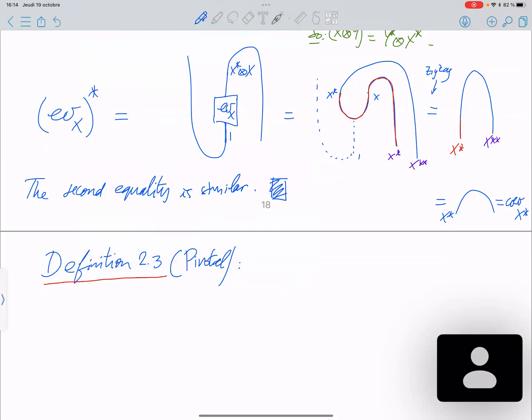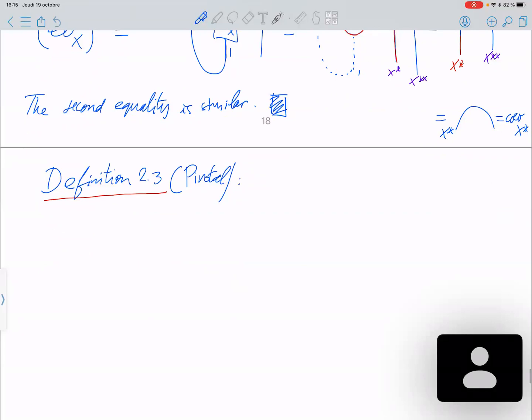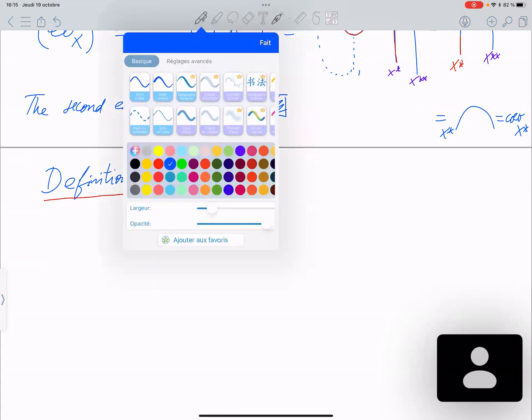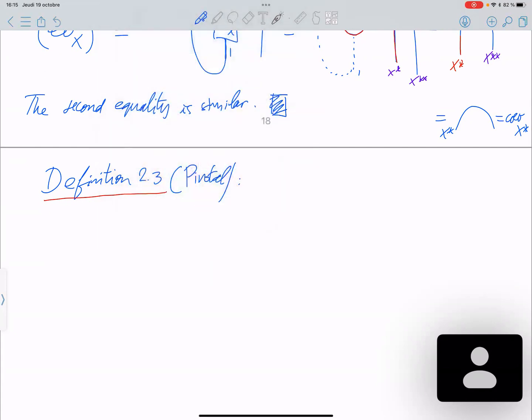As I said, I decided to mention these details. I also mentioned this definition in the previous semester, but we explicitly need this notion here to prove the main result. So that's why I recall it in detail.